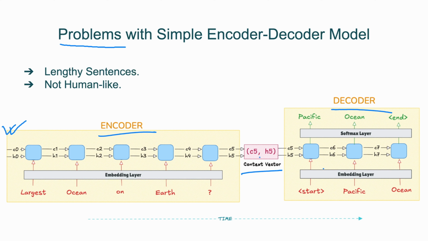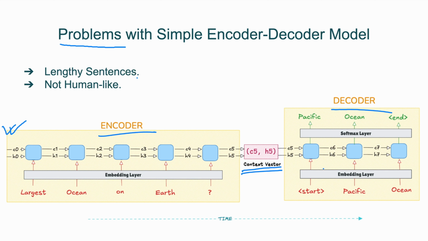The context vector is the output of the encoder model, and it is also the input to the decoder model. It is a kind of summary of the whole input. The whole input sequence is summarized, or encoded, into this context vector. We discussed this in the last video as well. So let's look into the problems first.